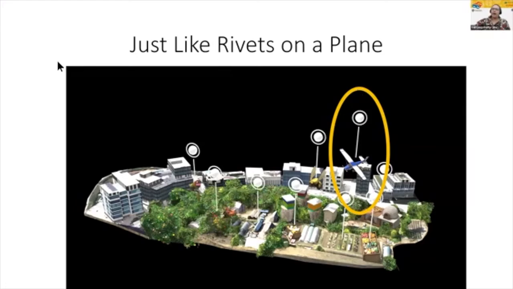And it links back to a hypothesis that has long been proposed in the ecological sciences called the Rivet Hypothesis. That is the idea that biodiversity acts just like rivets on a plane. And this is another pin that you can pull up on the Agroecology virtual reality app.